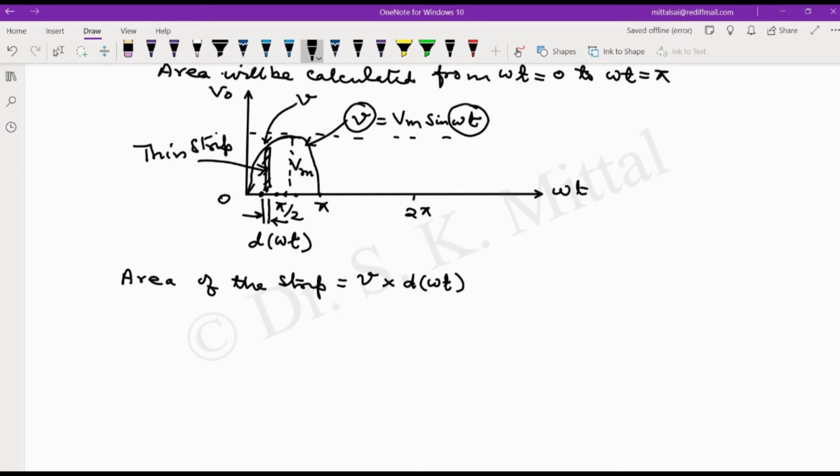Now we have to calculate the area under the curve from omega t equal to 0 to omega t equal to pi.